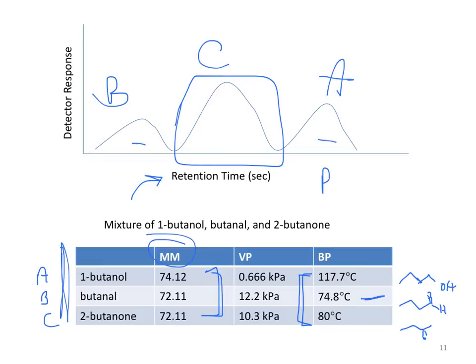So if somebody asks you what's the ratio of B to C to A, you will have to get the ratio from the report and figure out a simple ratio by dividing by the smallest of all the numbers and take it from there. So again, by looking at the number of peaks, you're figuring out the number of components.